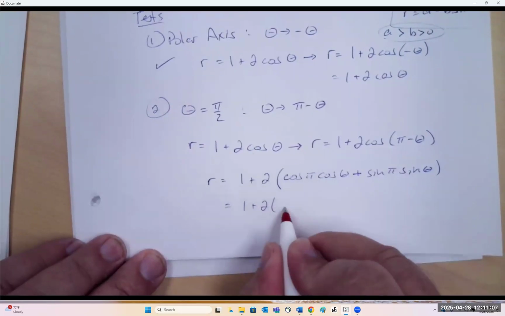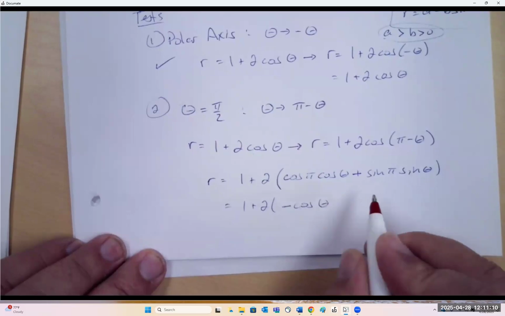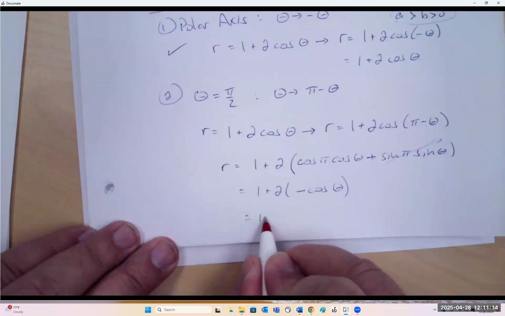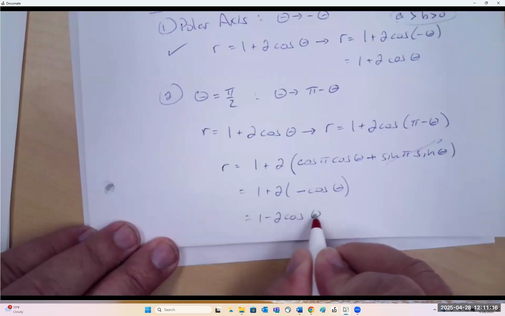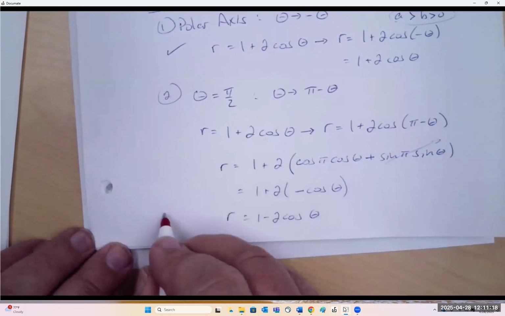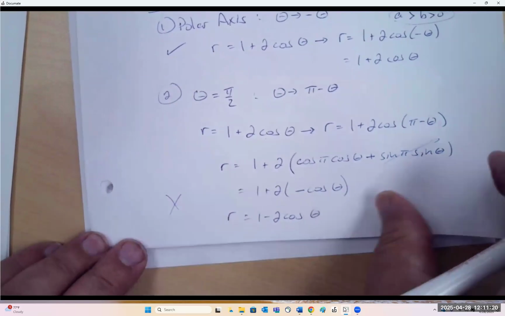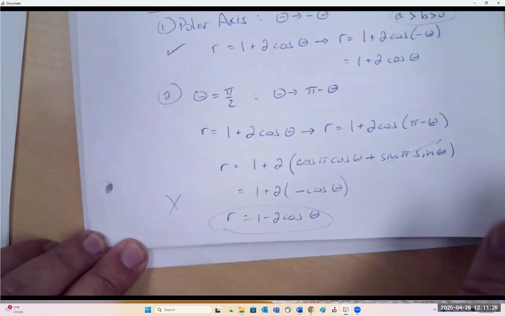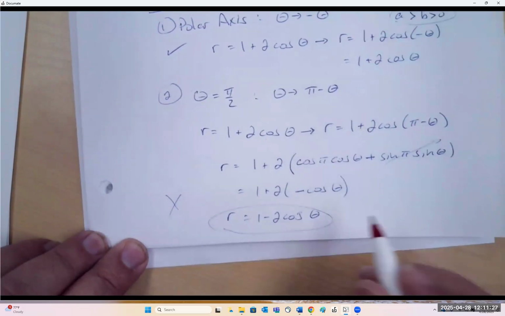It's negative cosine theta. That goes to 0. So it fails, because this equation doesn't look like our original equation.